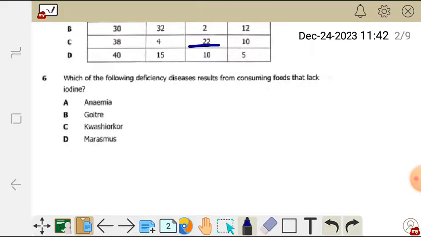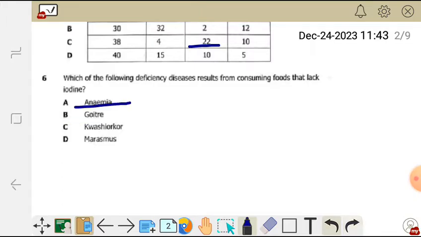So which one of these deficiency diseases result from consuming foods that lack iodine? So when you lack iodine in the body, the disease that you suffer from is goiter. Goiter is that gland-like structure which grows in your neck. And you see some individuals have enlarged gland-like structure in the neck. That is what we call goiter.